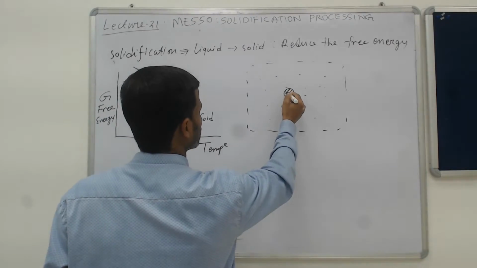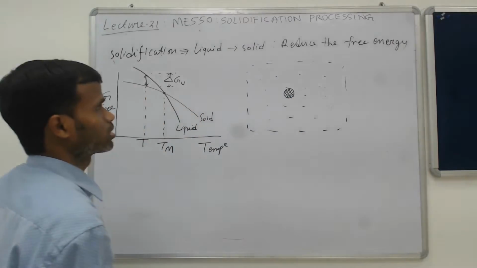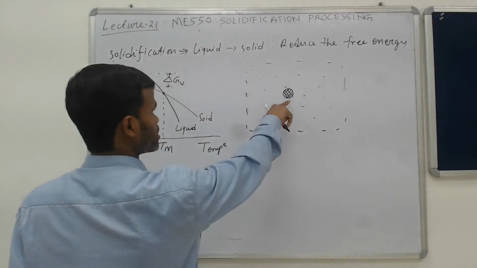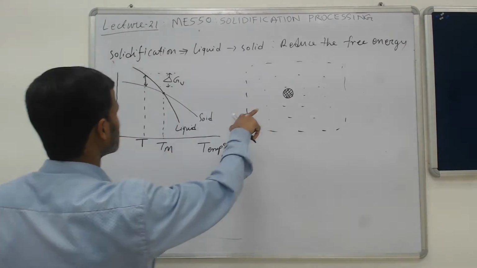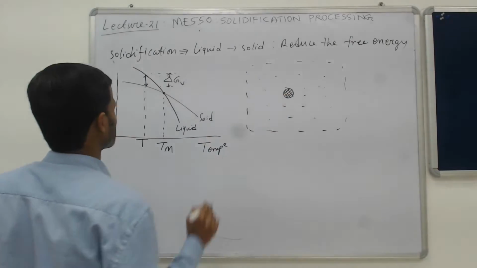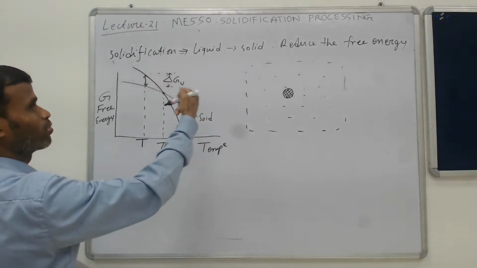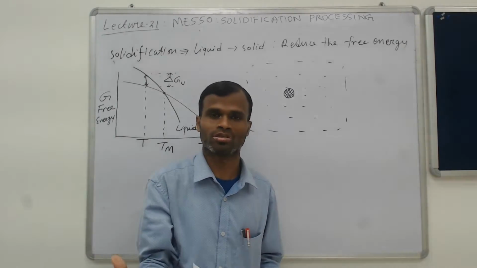But anyway, what happens when the cluster is formed? It is a collection of some number of atoms. This phase is stable. That's why the liquid is converting into solid. This is a solid cluster formed. Now why is it happening? Because the system wants to reduce the free energy. That is the driving force actually.